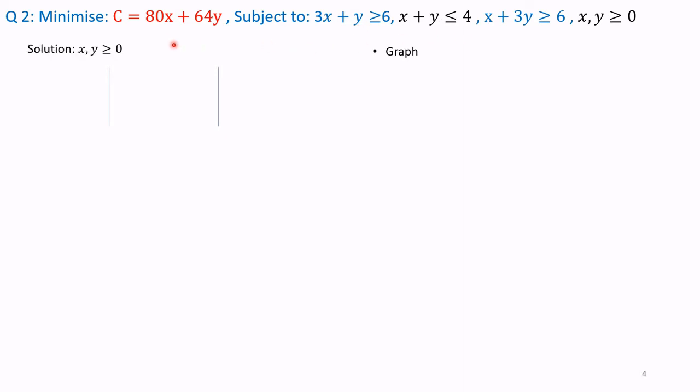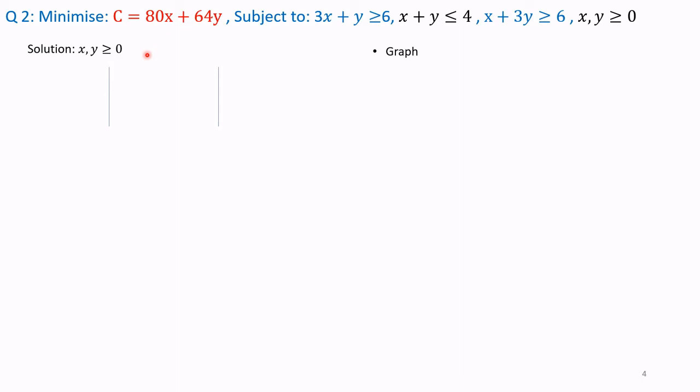So x, y greater than or equal to 0 is noted down as it is. Then we write the three given constraint equations by substituting the greater than or equal to sign or less than or equal to sign with an equal to sign.